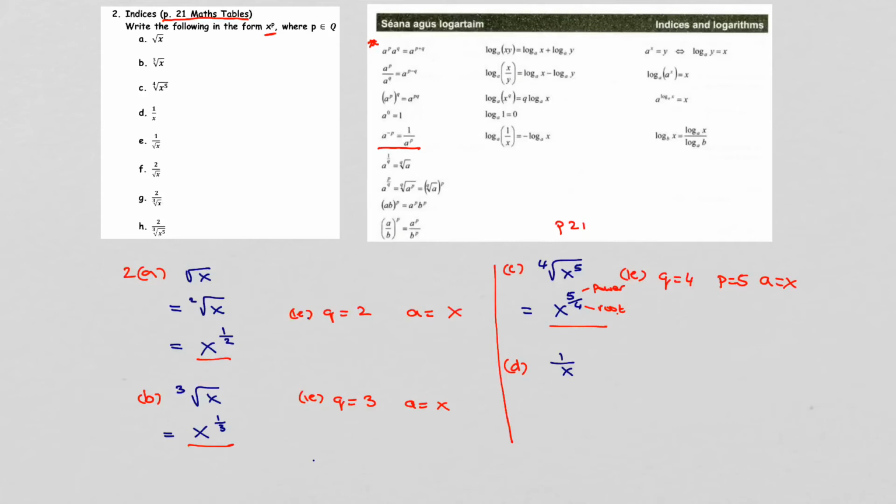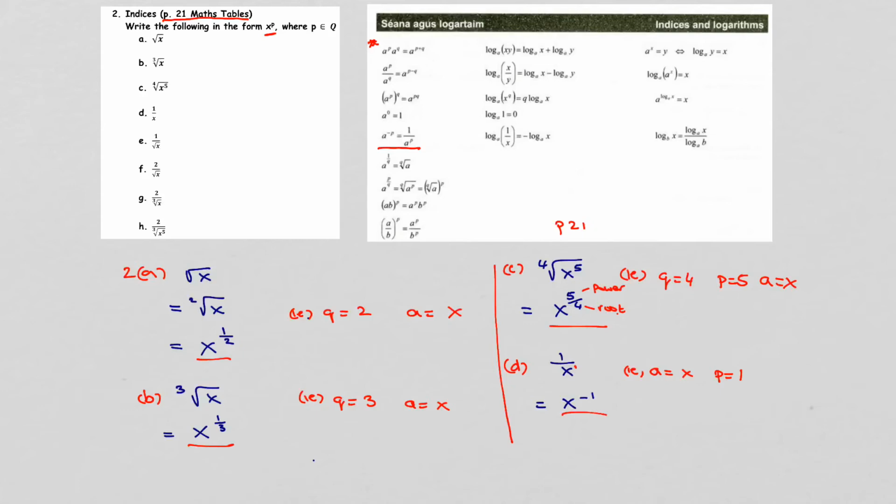Therefore, a is x, and the power is 1 in this case. That's the same as saying 1 over x to the power of 1. So that's going to be written as a to the power of minus p, in other words, x to the power of minus 1.